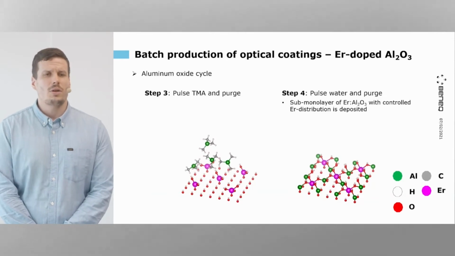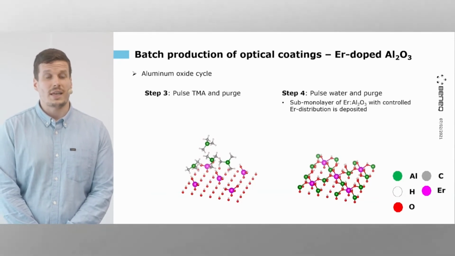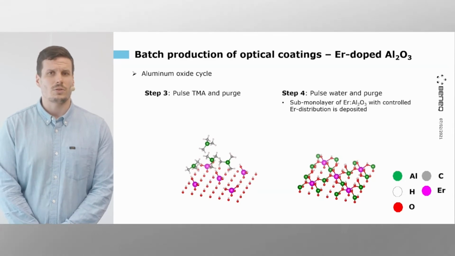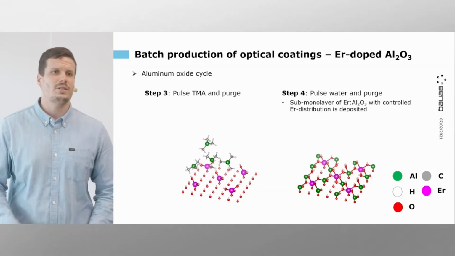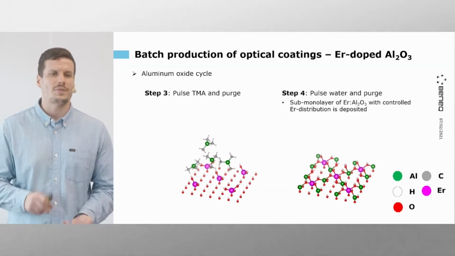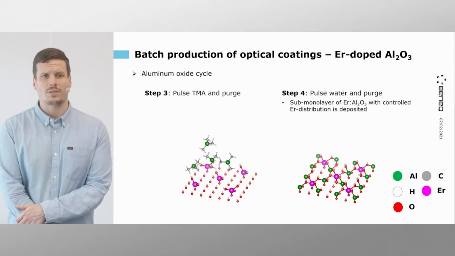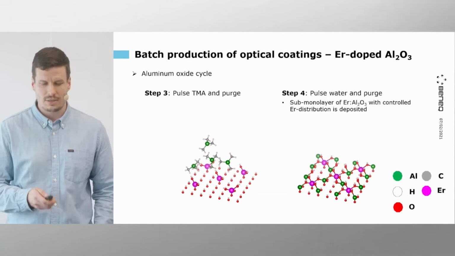And now we typically continue this process with subsequent aluminum oxide layers, because we want to ensure that there is, again, a good enough separation between the erbium ions in the vertical direction as well.